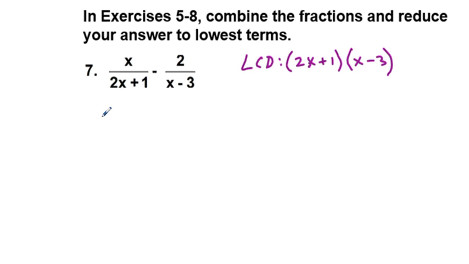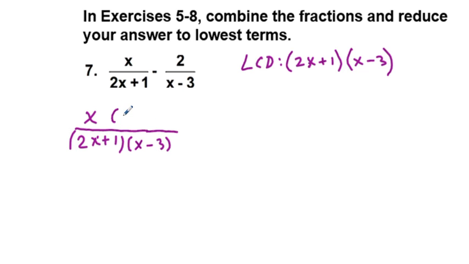And so to rewrite this first fraction here, we have x over 2x plus 1, and to get our common denominator of 2x plus 1 times quantity x minus 3, we multiply the numerator and the denominator by quantity x minus 3.